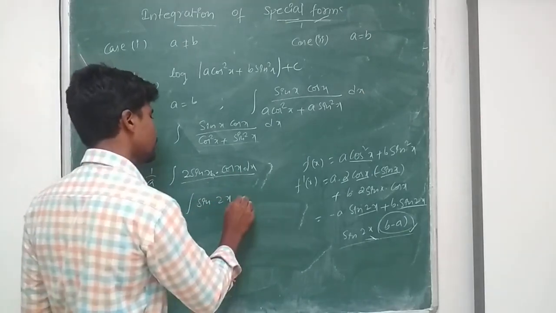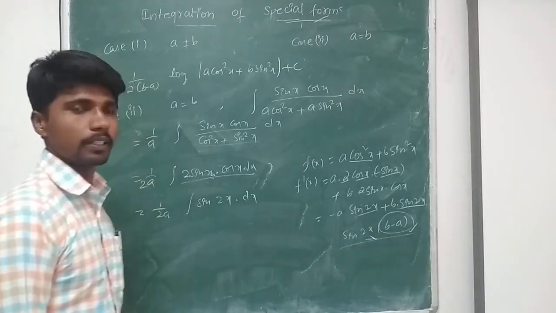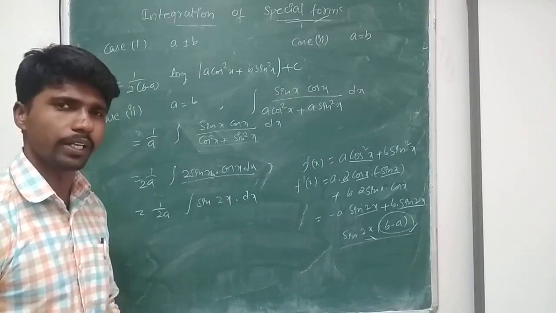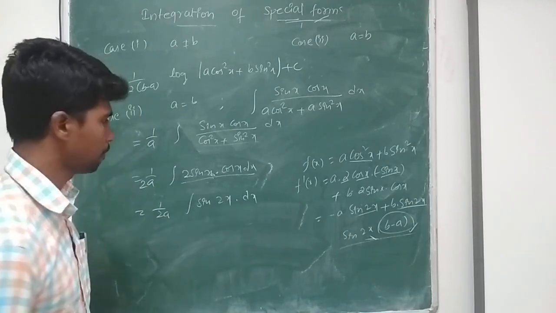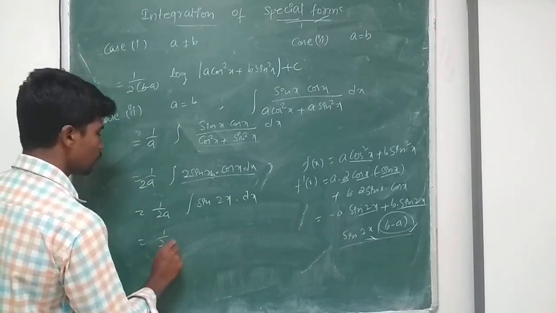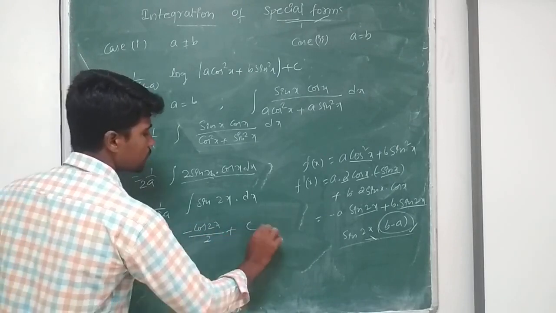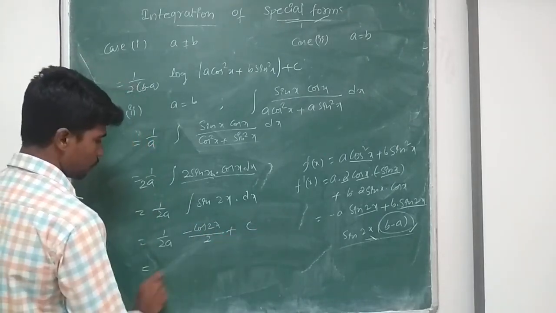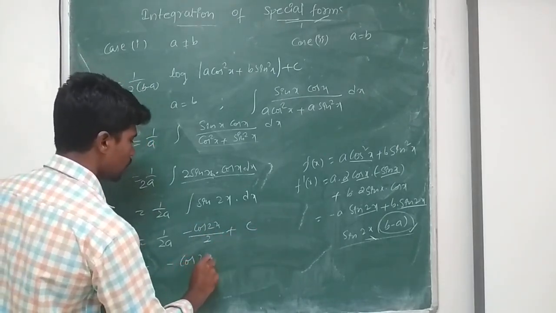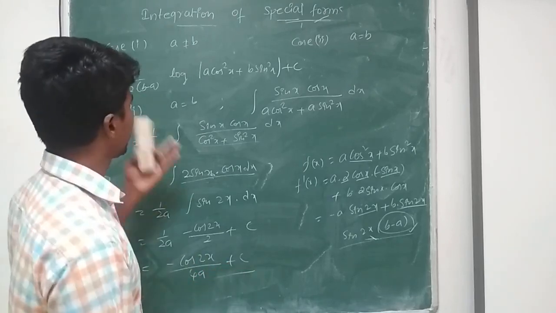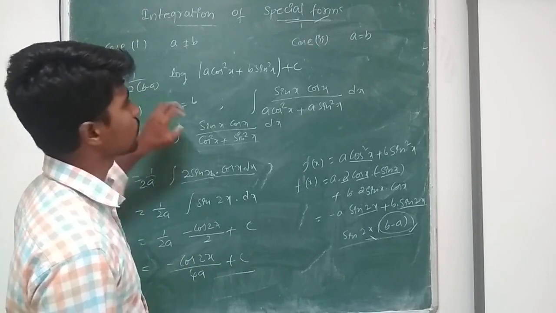So integral sin 2x is nothing but equal to minus cos 2x by 2. So 1 by 2a into minus cos 2x by 2 plus a constant c, which is equal to minus cos 2x by 4a plus c. The two cases arise, we have to do these two cases also.